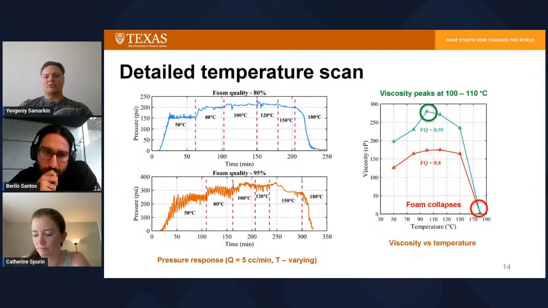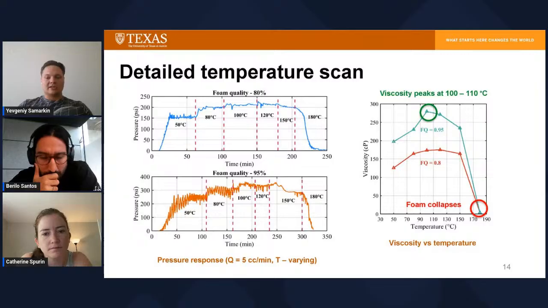There was some optimum temperature that we observed, around 100 to 110 degrees Celsius, after which the viscosity of the foam decreases, and then eventually the foam collapses at 180 degrees Celsius. And you can notice that this peak is especially observable at higher foam quality.